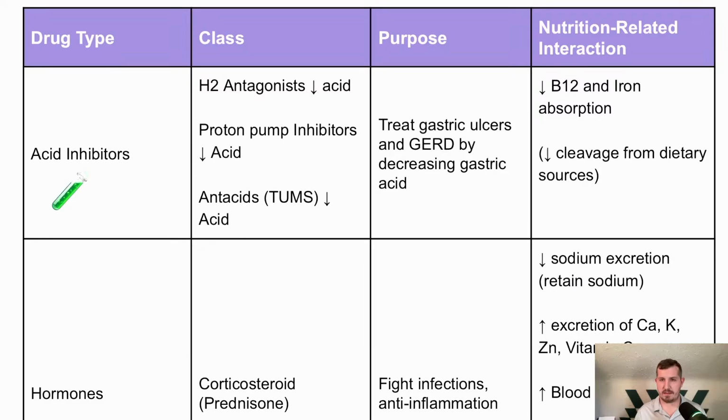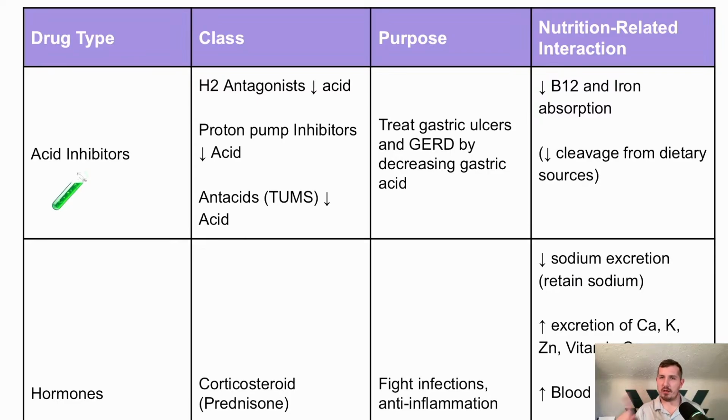Well, excessive acid in my stomach, once that hits the gastric ulcer, is going to hurt like heck. GERD, gastroesophageal reflux disease, usually is due to excessive amounts of acid that travels up the esophagus. So acid inhibitors are really great for reducing that level of acid so it doesn't creep up as much.